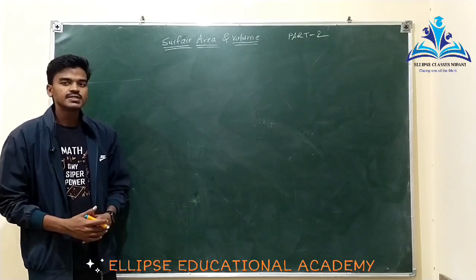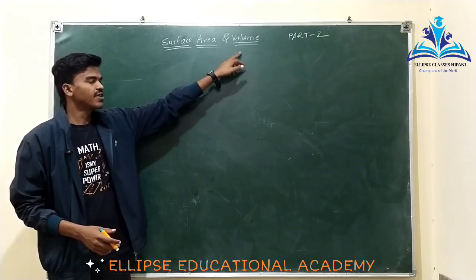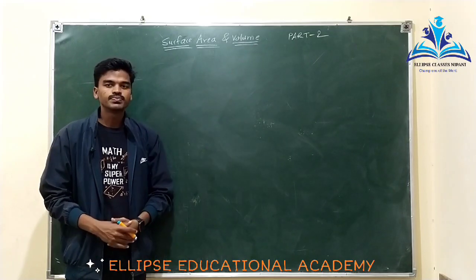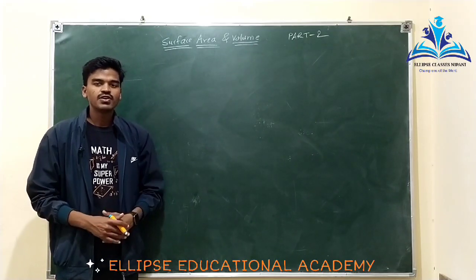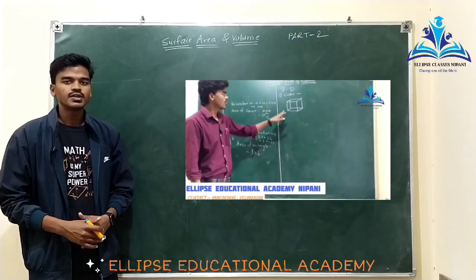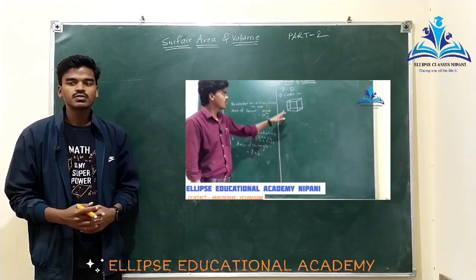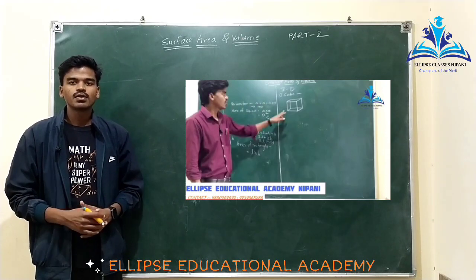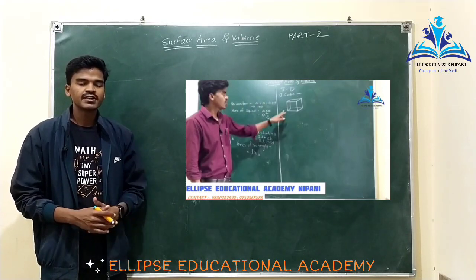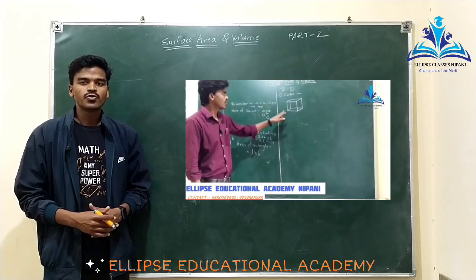Today we will discuss surface area and volume, part 2. In the last class we already discussed some diagrams, like square and rectangle, as well as three-dimensional diagrams like cube and cuboid.